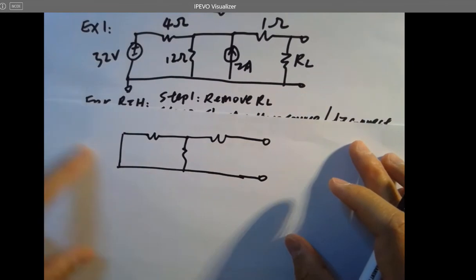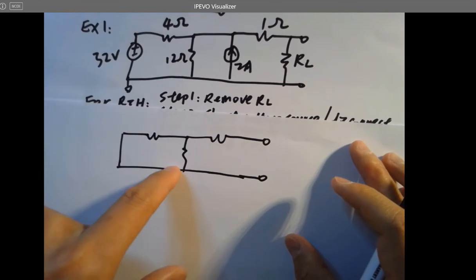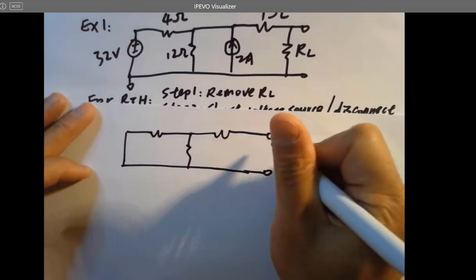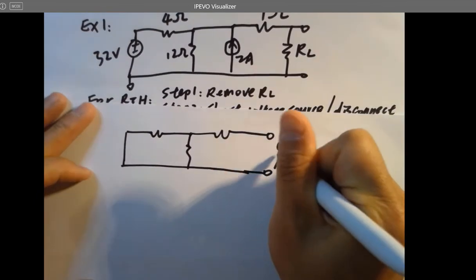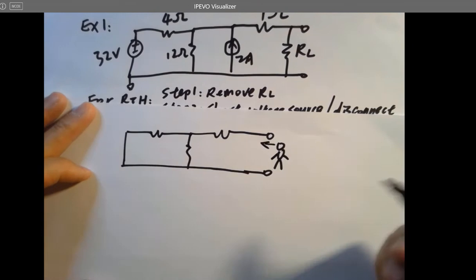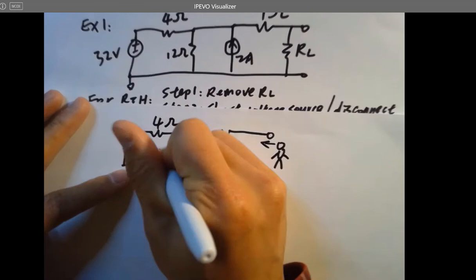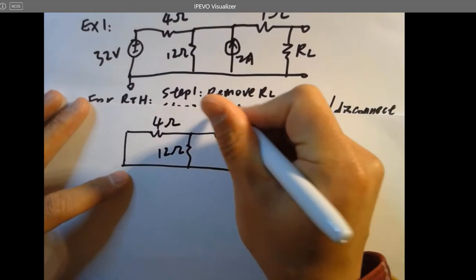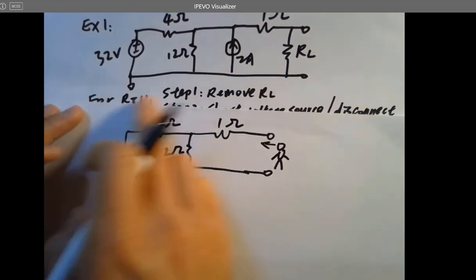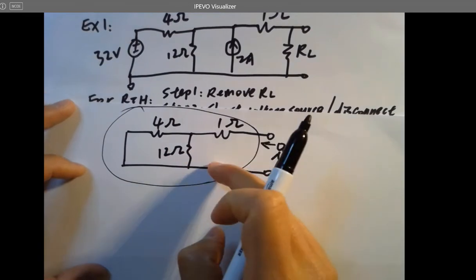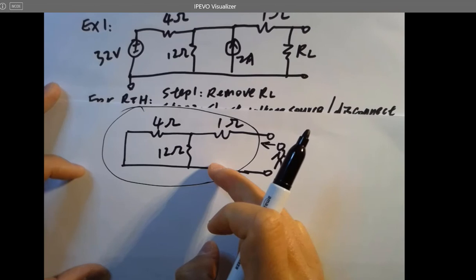The way to get RTH from this resistor network is to look backwards. Imagine that you are here looking in that direction. This is 4 ohms, this is 12 ohms, this is 1 ohm. So find the equivalent resistance of this resistor network. That would be RTH.